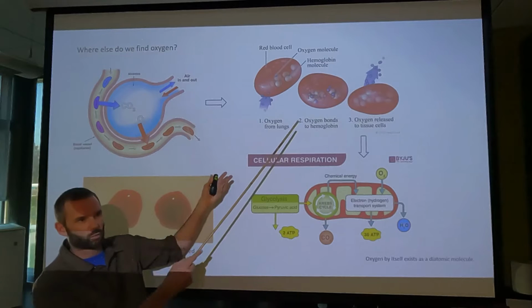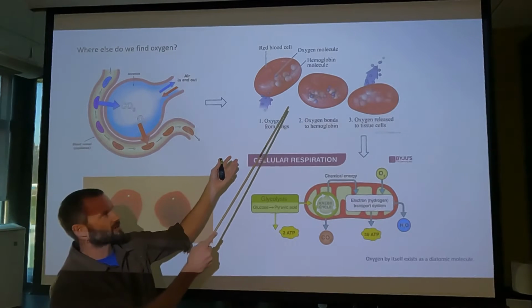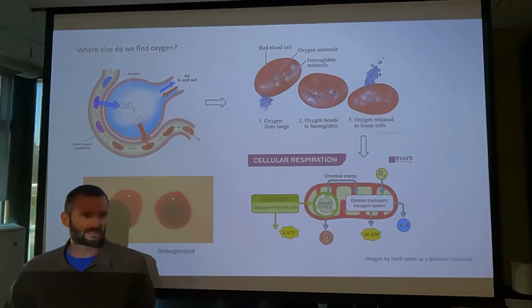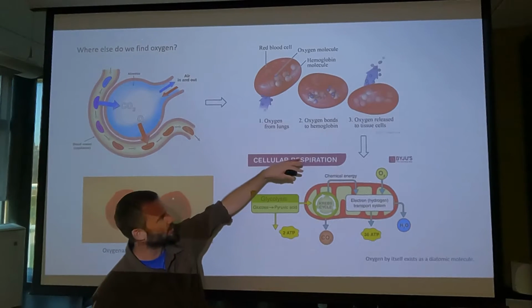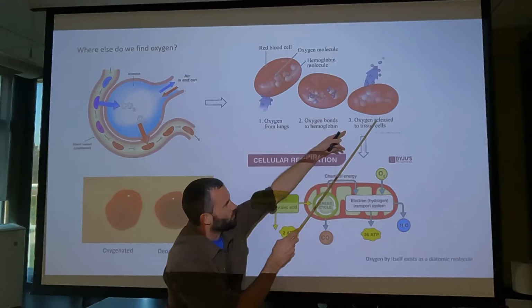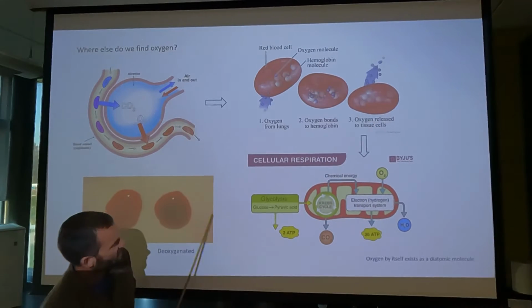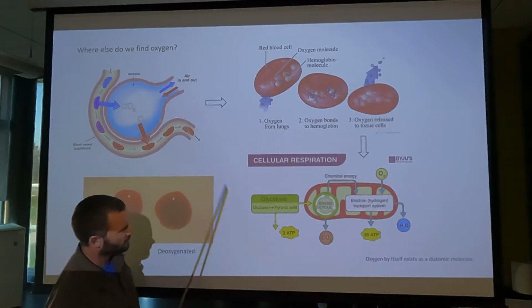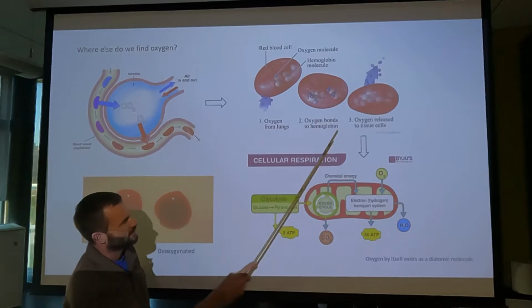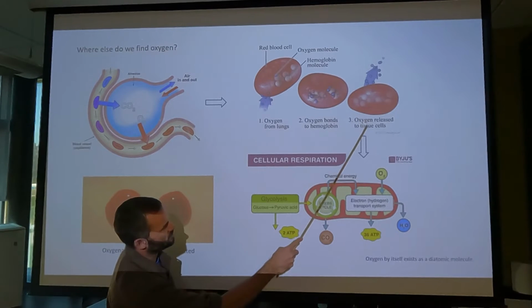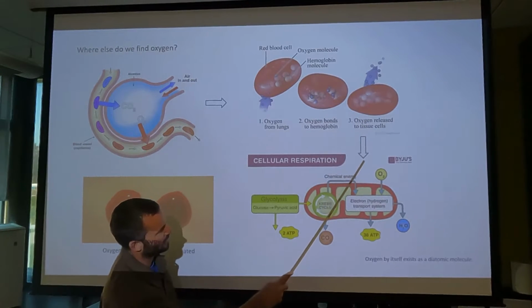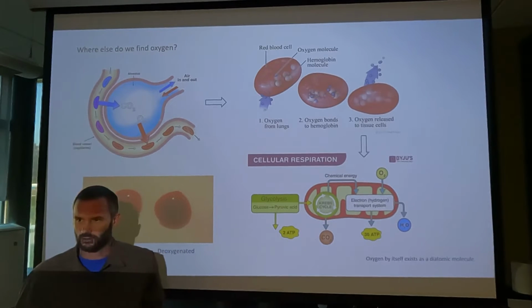And so what happens to oxygen? What are these red blood cells going to do to oxygen? Well, the vasculature has access to every cell in the body. So the red blood cells are going to go to the cells of the body. They're going to release this oxygen. This is a cell right here. You can imagine a plasma membrane around it. That oxygen is going to diffuse from the red blood cell through the blood into the cell.